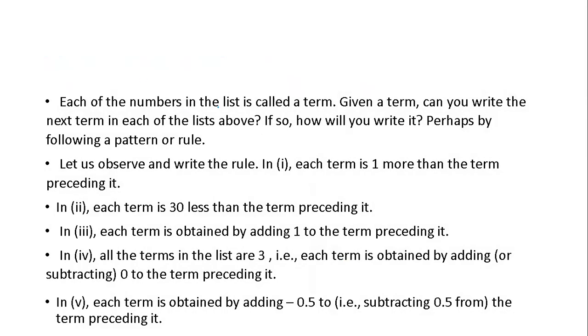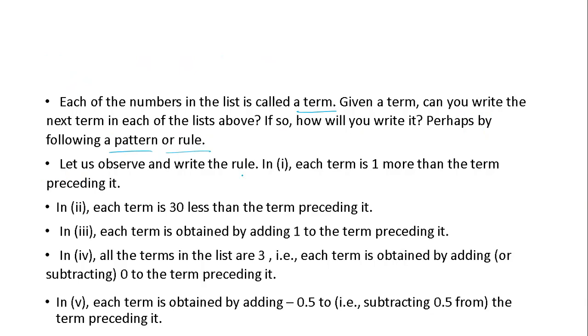Each of the numbers in the list is called a term. Given a term, can you write the next term in each of the lists above? If so, how will you write it? Perhaps by following a pattern or rule.